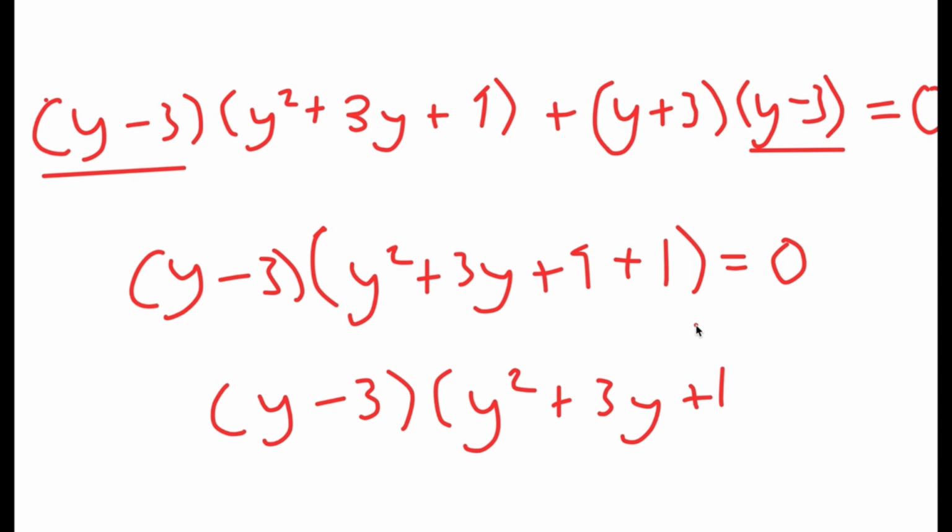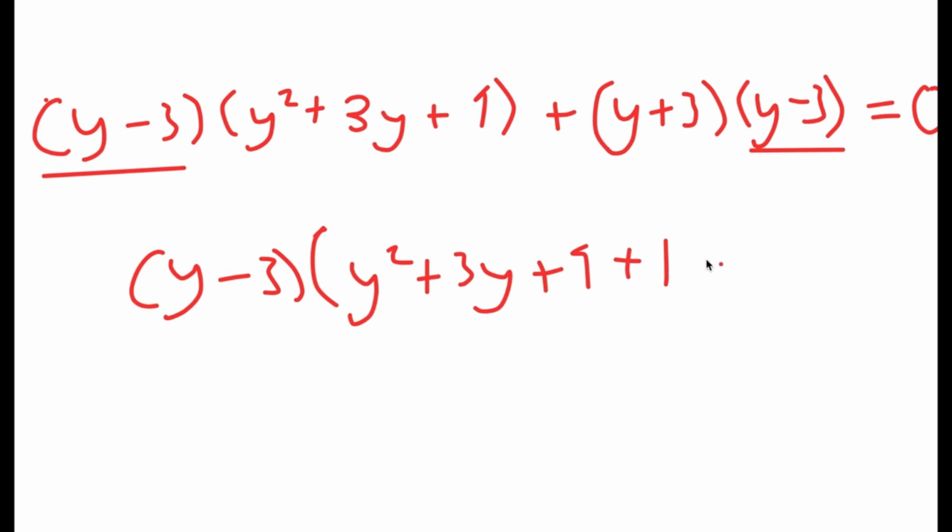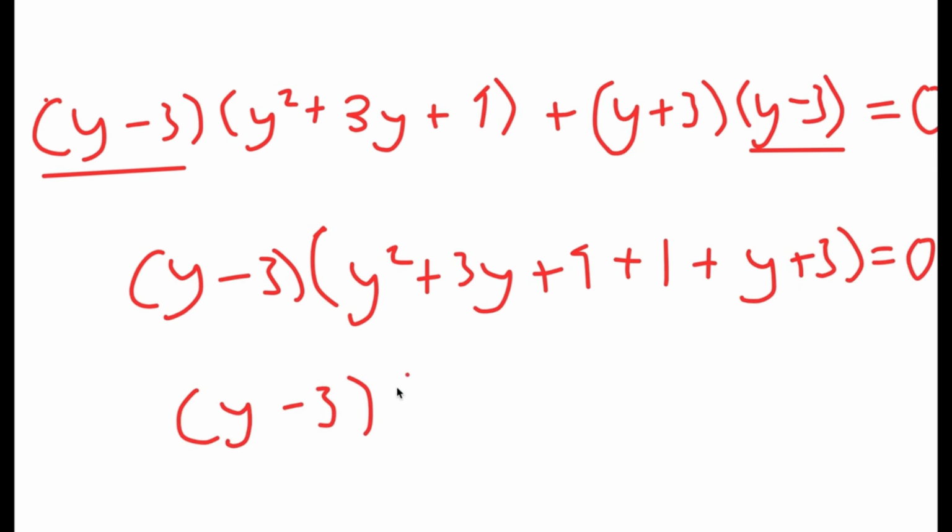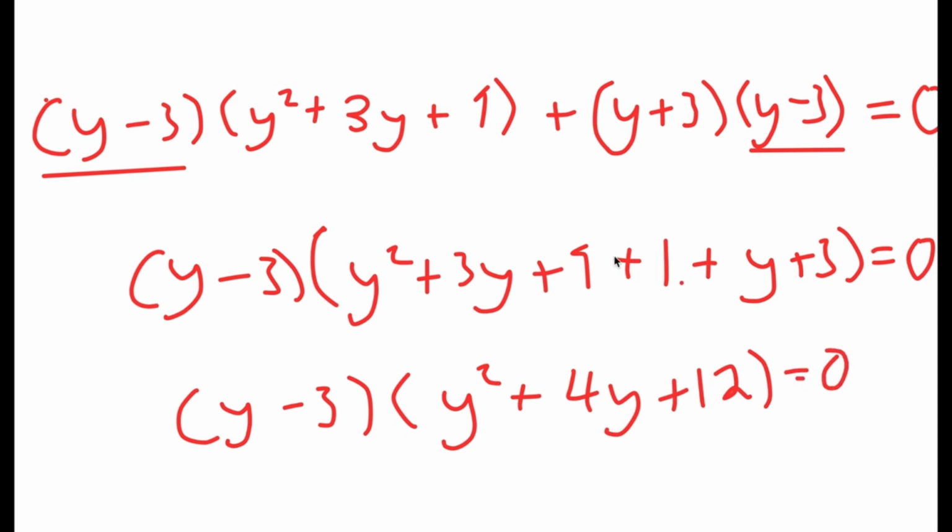Oh, sorry. I also have this plus y plus 3 over here. I forgot about that. So this turns into y minus 3 times y squared plus 3y plus, there's no plus 1 here, this is y squared plus 4y plus 12 is equal to 0.